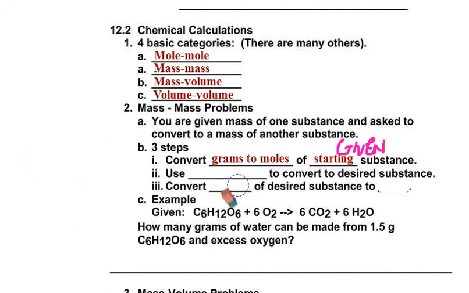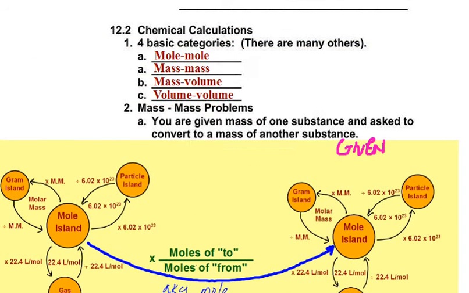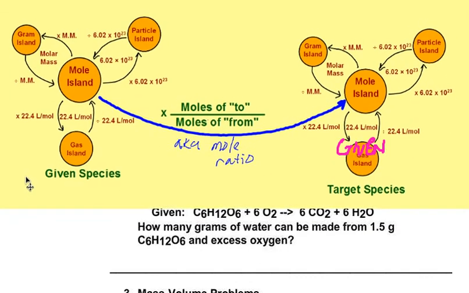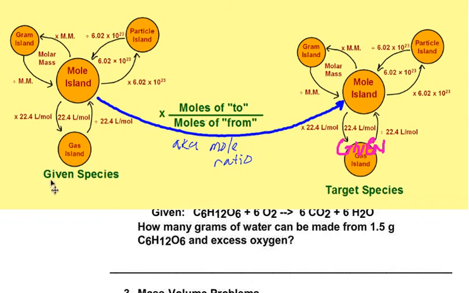So, we start with converting grams to moles of a starting substance. Then, we use the mole ratio to convert to the desired substance. Again, back to mole island, the mole ratio is just what we saw in the last video. That's where we take the moles of our given species, or whatever we're starting with, and we're converting to the moles of our ending species, which is the moles we are finishing with.